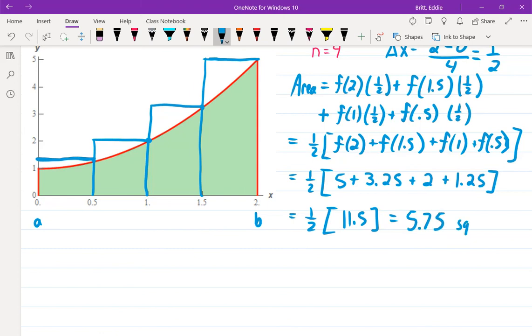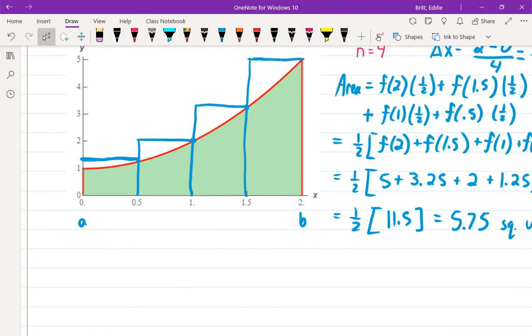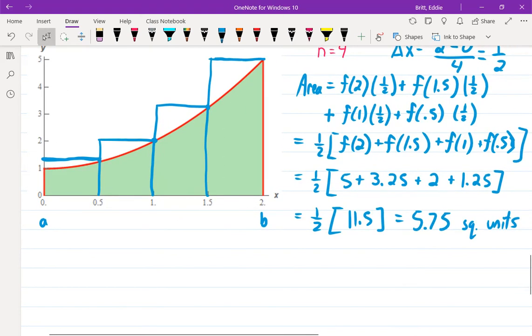So that's 5.75 square units. Now that is called an upper sum because it is going to be more than the actual area under the curve. Again, that's called an upper sum, because we summed all that up and did that.